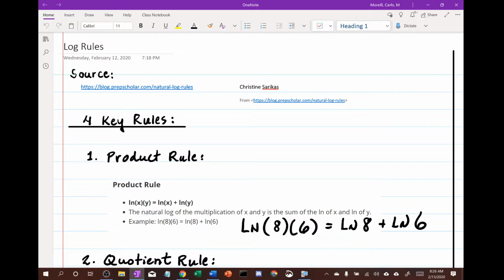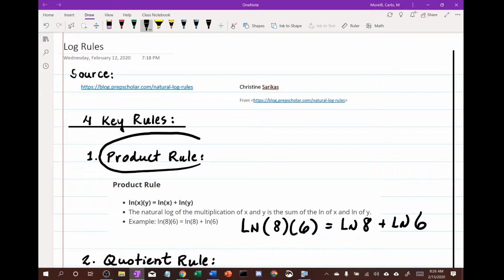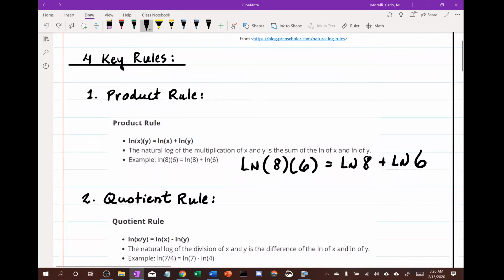Okay, the first rule is called the product rule. Kind of like the product rule for exponents. Here's what the product rule says. If you take ln, and we're going to write ln like this.